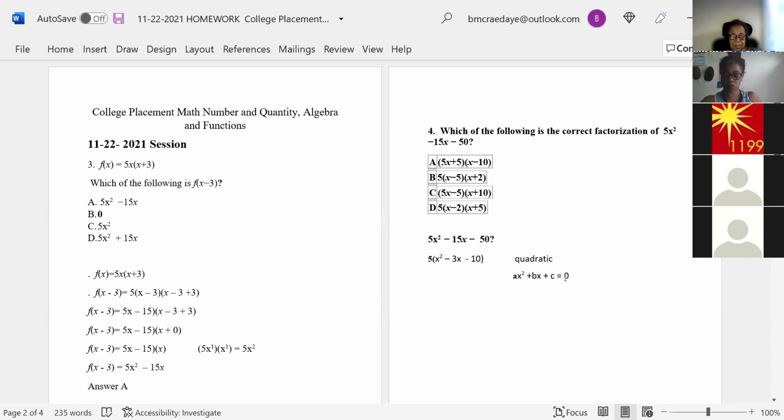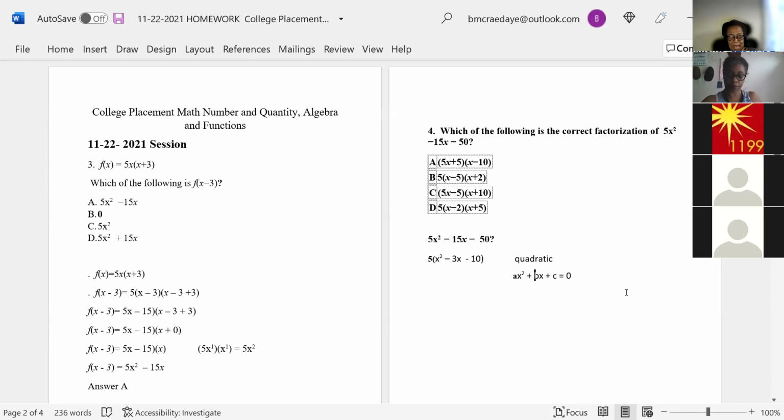Now, in this equation, ax squared plus bx plus c equals 0, just as a review, which one of these would be the constant? The a, the b, the c, or the x? The x is the variable. Which one would be the constant?